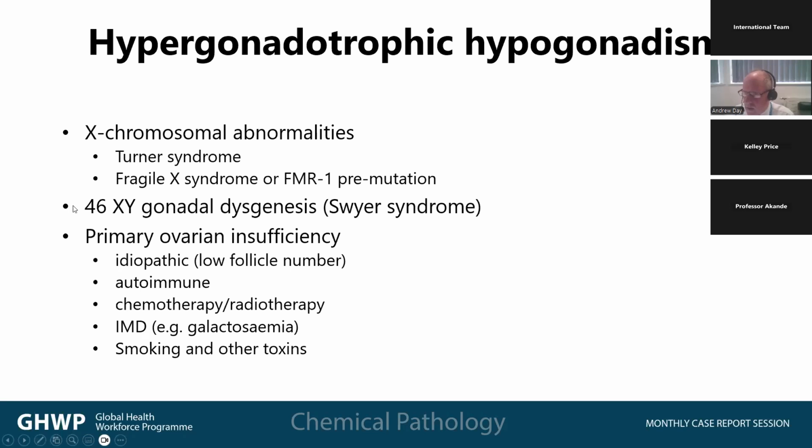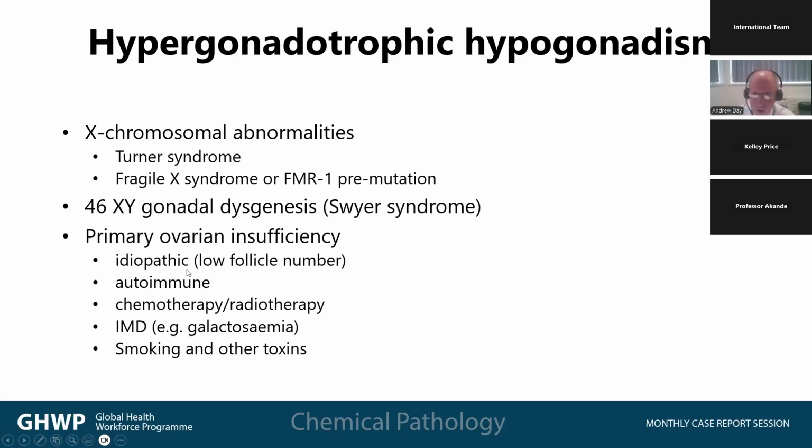Swyer syndrome, 46XY, so normal chromosome count, but complete gonadal dysgenesis, so phenotypically female, due to a genetic mutation for a factor that determines differentiation into the male phenotype during early fetal maturation. And then primary ovarian insufficiency. Sometimes it's idiopathic.